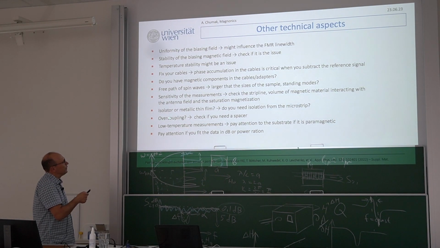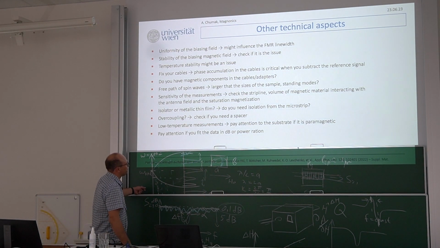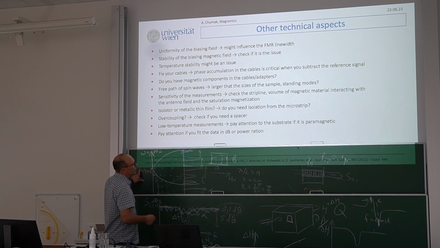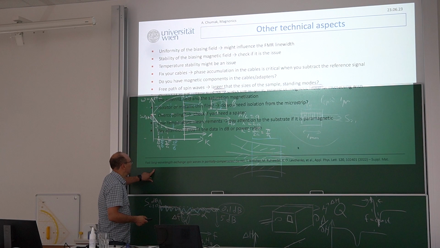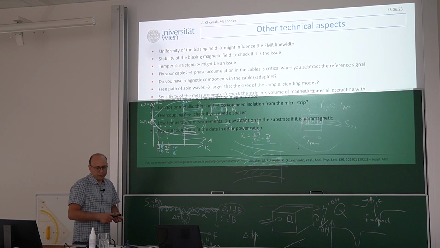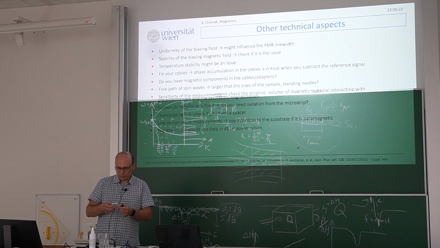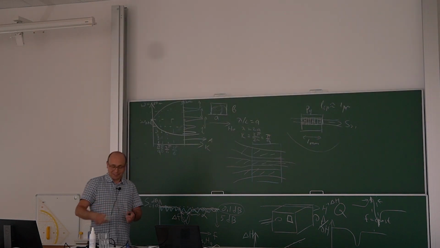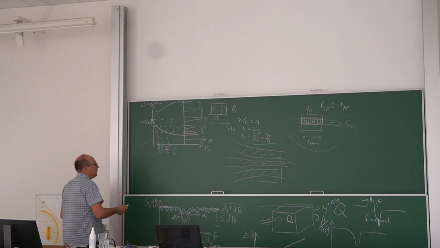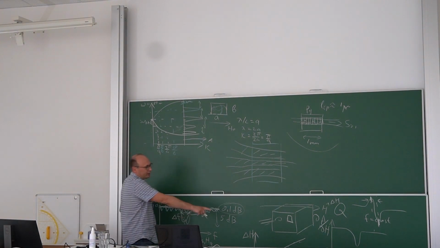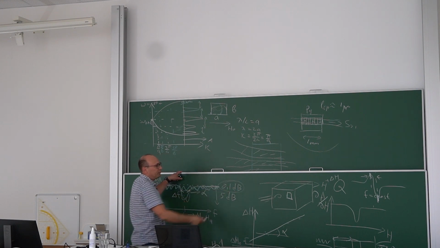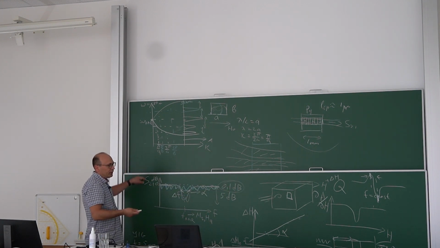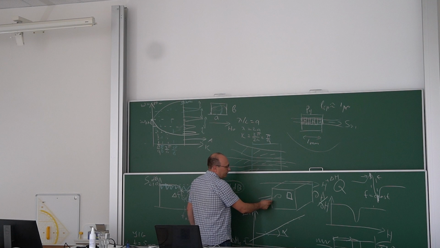Overcoupling, that's what David has asked. So, why do we need a spacer? That's part of the basics of microwave, which I did not add. But principally, if you take a resonator, like this resonator, just a metallic box, in which you excite a standing wave using such a loop.